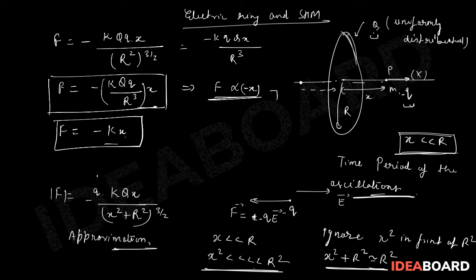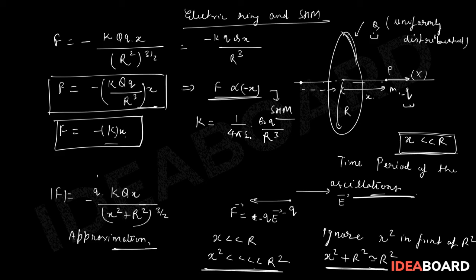That shows this is SHM, and if this is SHM, then we can compare with the equation of SHM. So we can get the value of k is equal to, so this is kQq. Instead of this k, I am writing 1 upon 4 pi epsilon naught, otherwise you might get confused. So the spring constant is 1 upon 4 pi epsilon naught times Qq upon r cube.